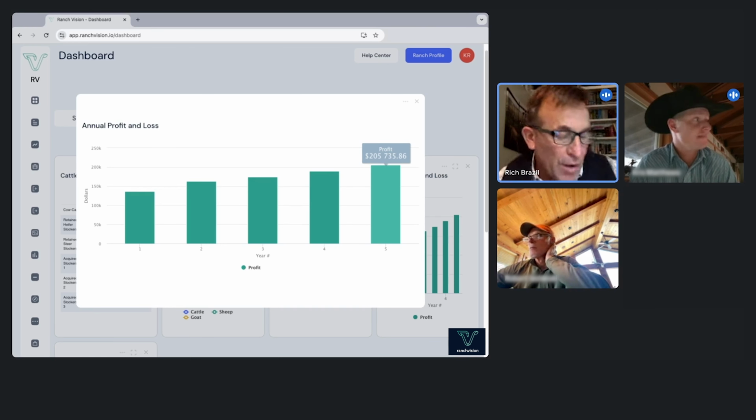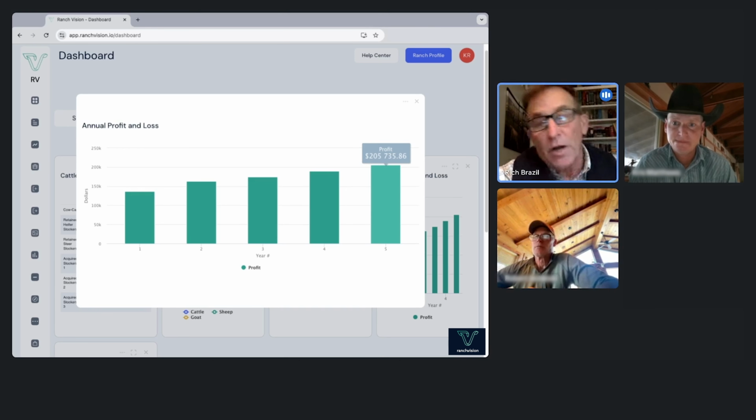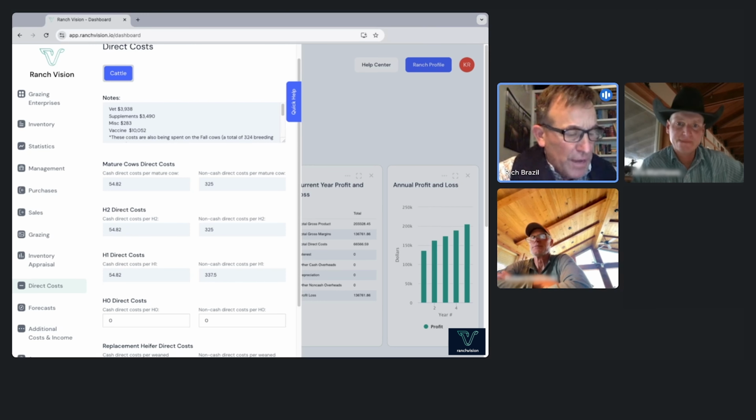That's an increase in profit of over 47%, a $66,100 increase in profit. Crossbreeding system, having those heifers breed up a month early, and then weaning out those older cows over time. So all of that together, that was a 47% increase in profit, over $66,000 per year.